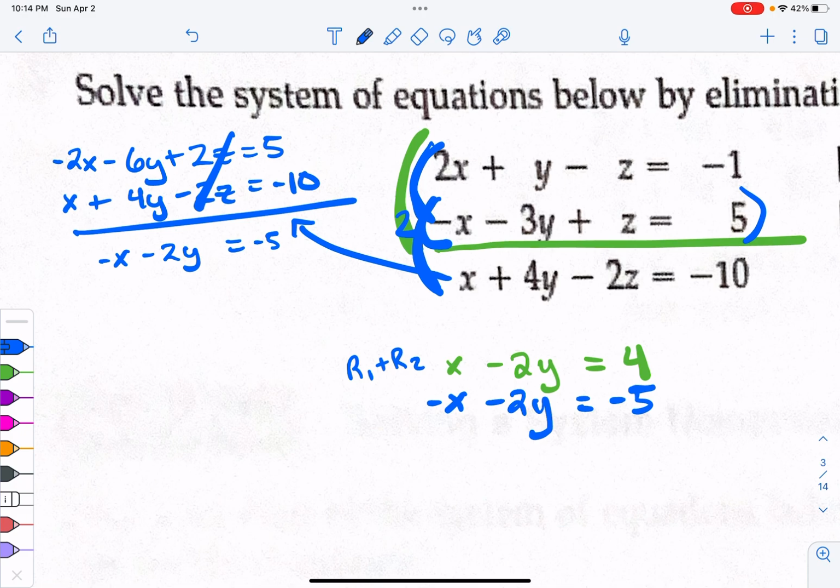Then to get this one, I took 2 times row 2 and added that to row 3. So that's how I wrote those, okay? In section 12.2, we're going to be dealing with this kind of similar notation. So I'm going to write it out that way so you get exposed to it today, and then you'll be a little bit more familiar with it tomorrow.